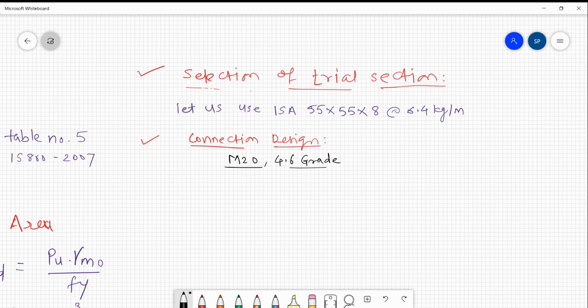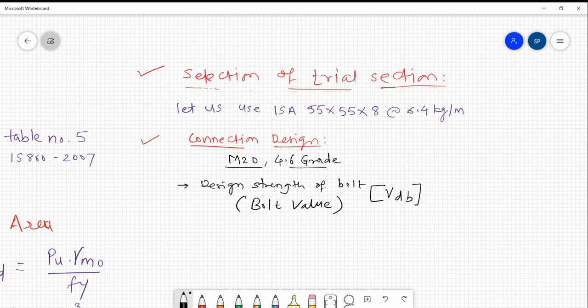Now in bolted connection design, the first step will be calculation of design strength of bolt, also known as bolt value. It is denoted by VDB.